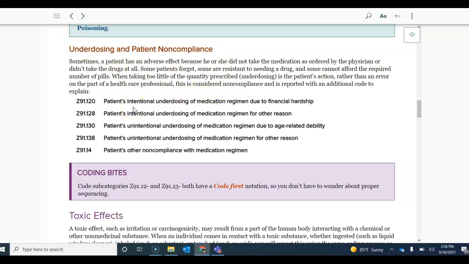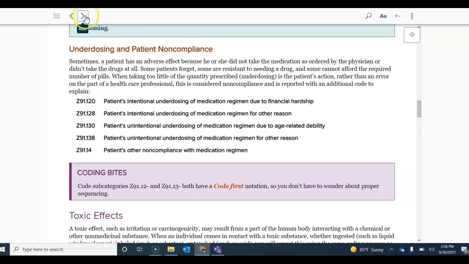So if they didn't take their insulin, or they didn't take enough insulin because they can't afford it, or for some other reason, and this is intentional. If it was unintentional, they just forgot. Okay? So again, telling the whole story. All right? So we also have to remember, make sure that we code those.